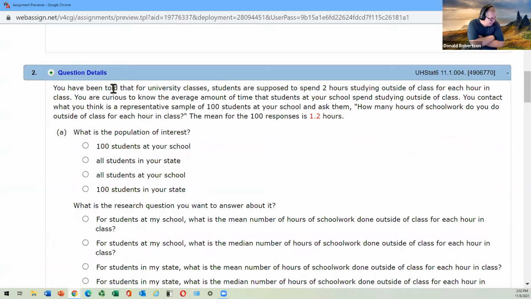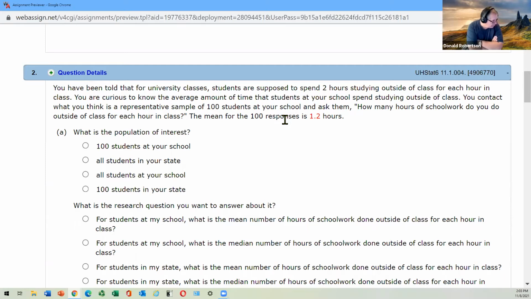Question 2. You've been told that for university classes, students are supposed to spend 2 hours studying outside of class for each hour inside. I wonder how many of you do that. You are curious to know the average amount of time that students really do study.